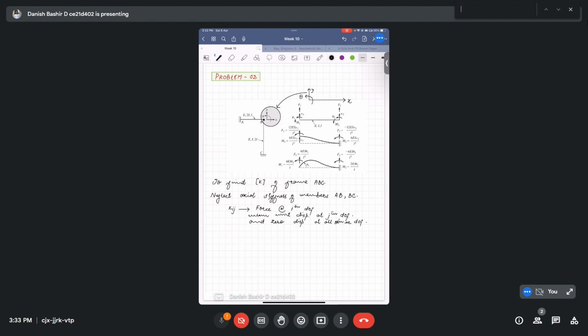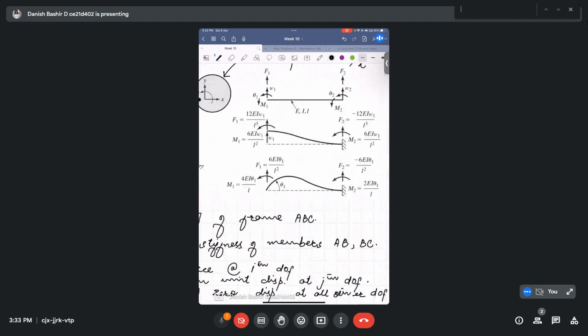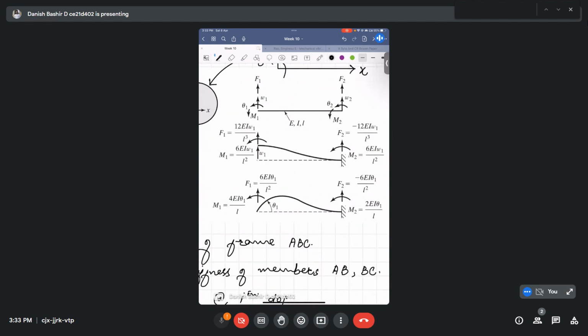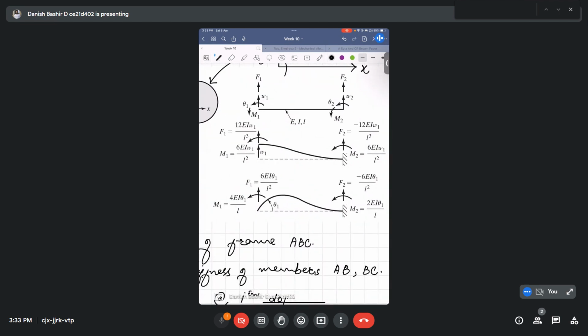So firstly, one more thing I want to note here is, in the figure I have shown, you can see that it's a member with Young's modulus E, moment of inertia I, and length L. So if we have rotations theta 1 and theta 2 and moments m1, m2, it is actually the sign convention which is followed: f1 and f2 positive, w1 and w2.